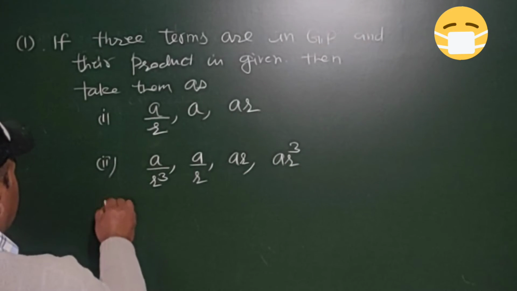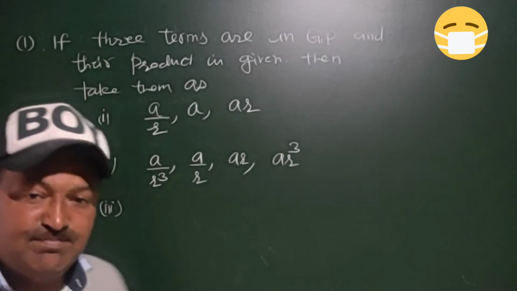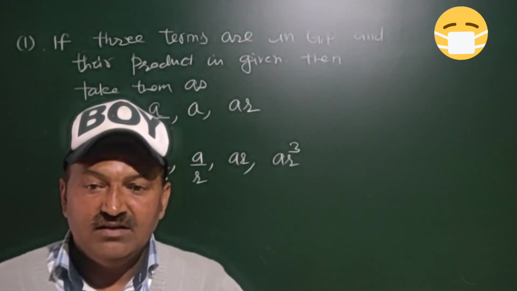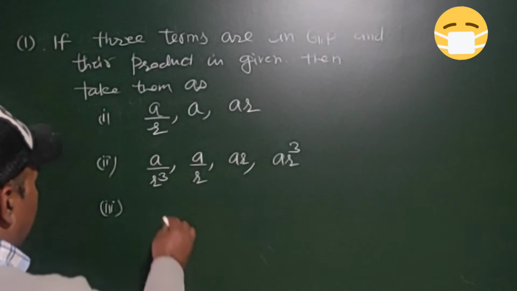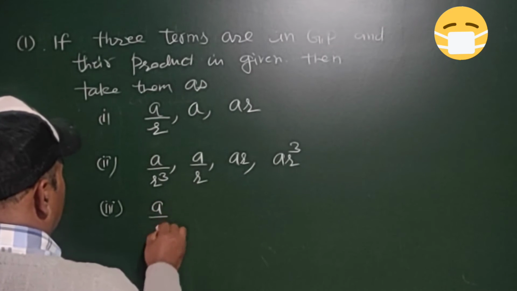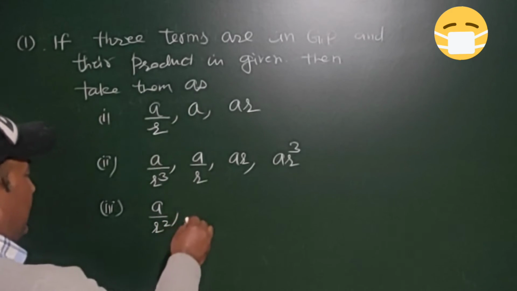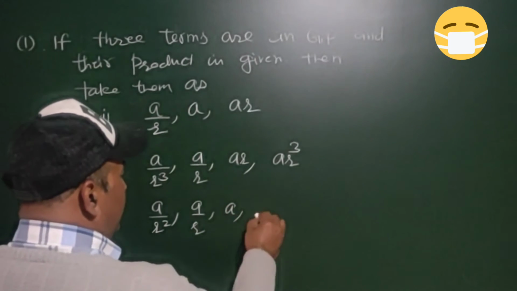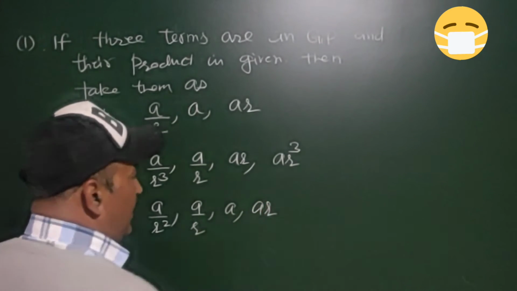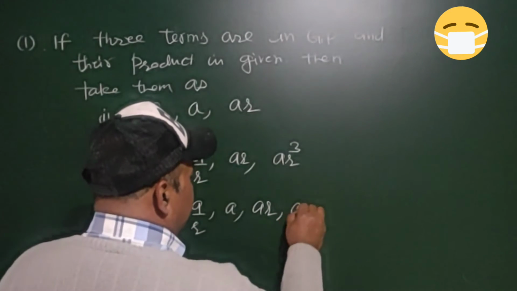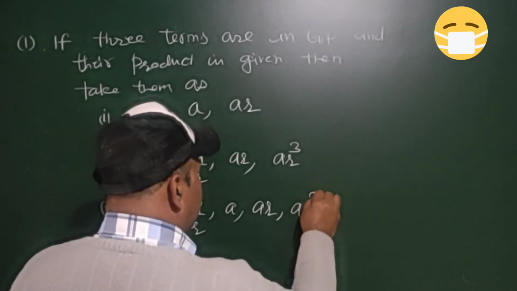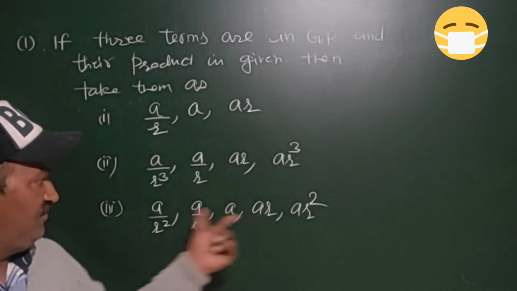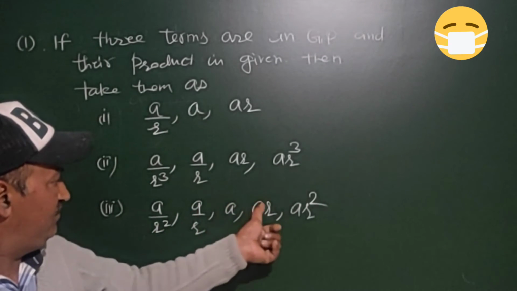And if five terms are in GP and their product is given, then you have to take them as A upon R square, multiplied by R, A upon R, multiplied by R, A, then multiplied by R, A into R and A into R square. These are the five terms, 1, 2, 3, 4 and 5.